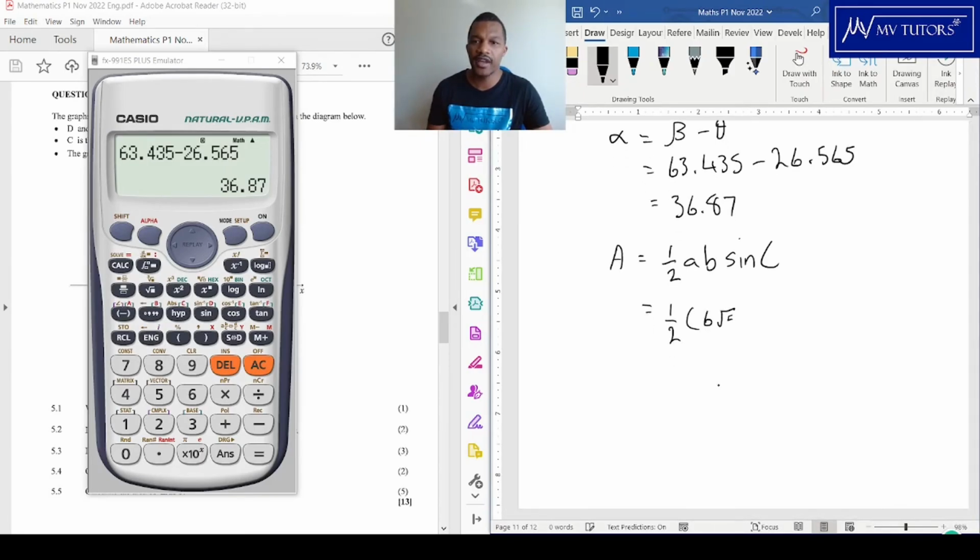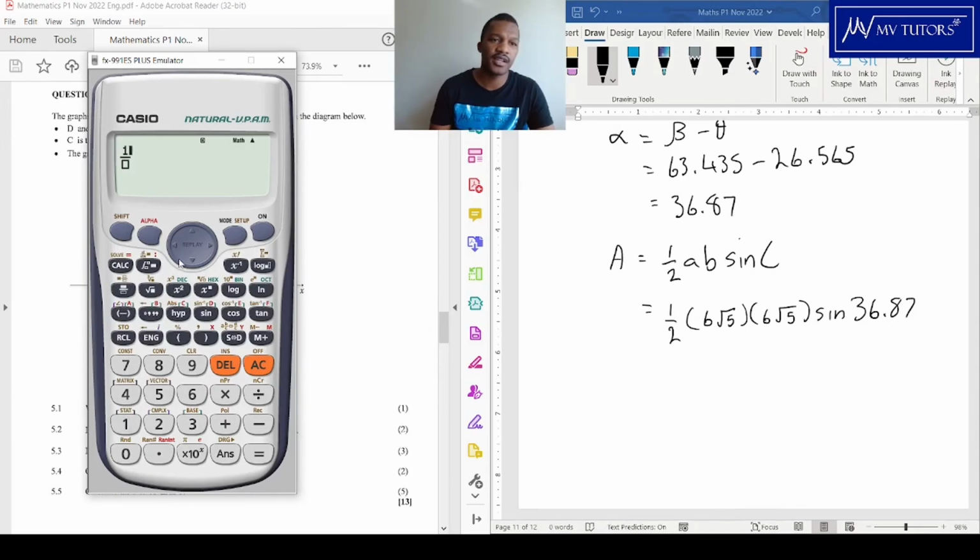6 square root of 5 times B, which is also 6 square root of 5, times sine of the angle C, which is 36.87. Put all of that in a calculator. Go downstairs, put 2. Come here, open the bracket. 6 square root of 5. Close it. Let's open another one.